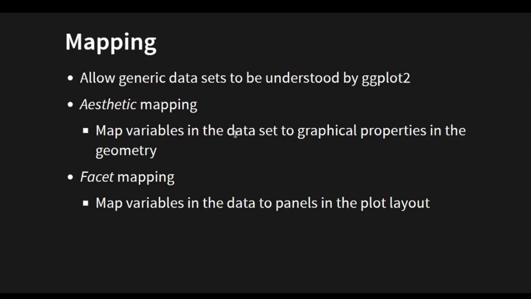And this will make a lot more sense once I show you. And you can also map facets. This is a separate point later on, but this is having individual panels in the plot that show individual group data, for example. You can do that by participant or by sex, gender, by whatever category you want.